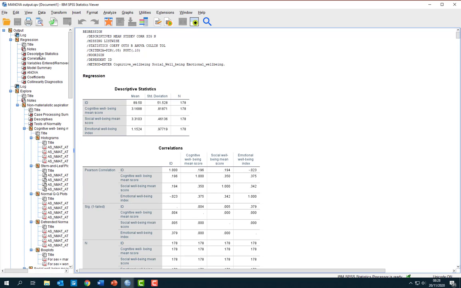One of the first things that we check in terms of the assumptions is the way that our dependent variables relate to each other. For MANOVA to work well, you'd like to see that those variables were related to a degree but not too strongly.